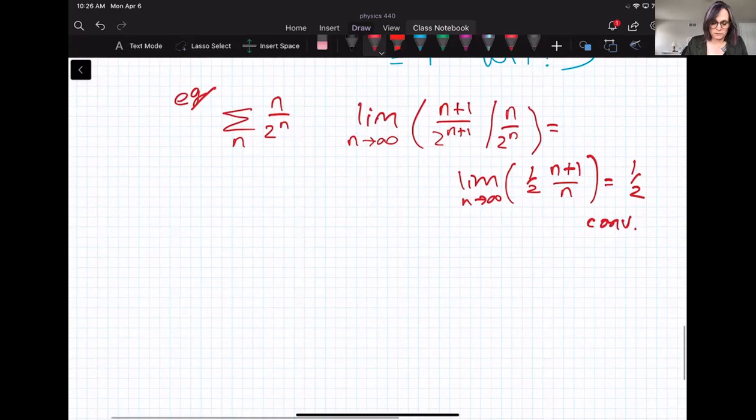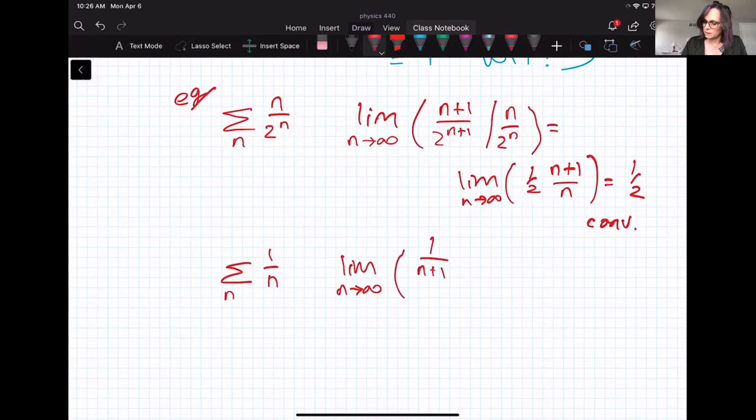On the other hand, we can take something that we know diverges, 1 over n. We take the limit as n goes to infinity of 1 over n plus 1 over 1 over n, right? And that equals the limit of n over n plus 1, which equals 1.